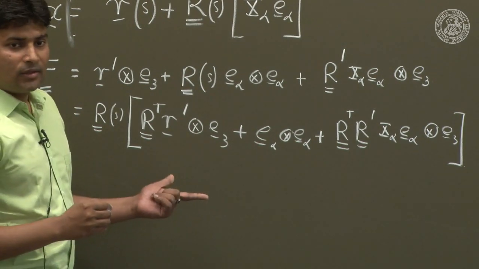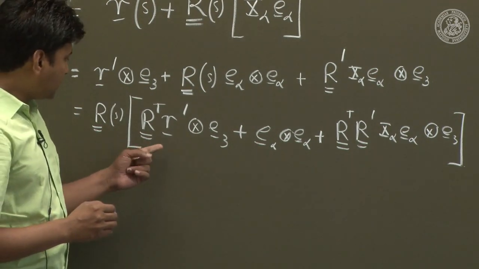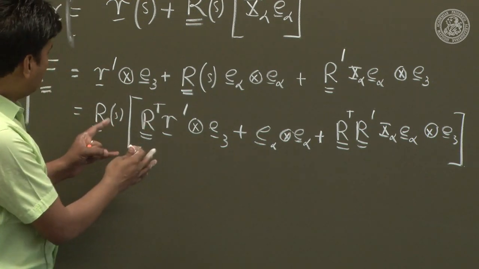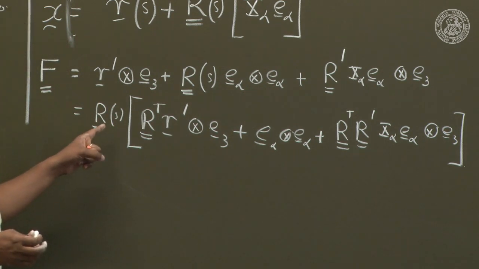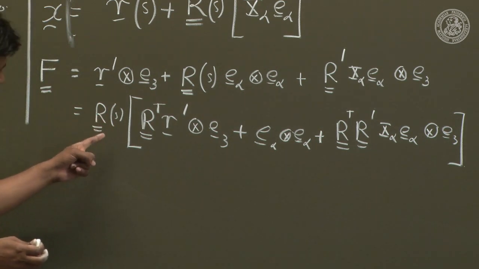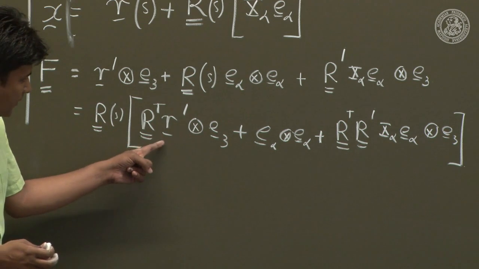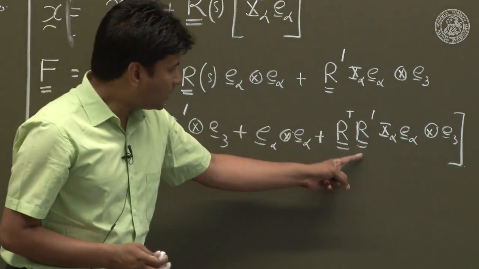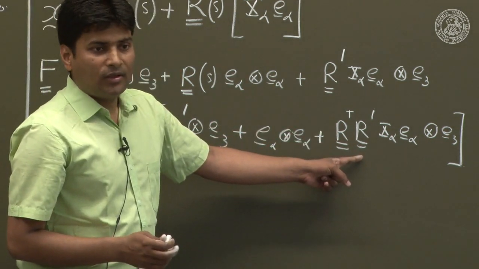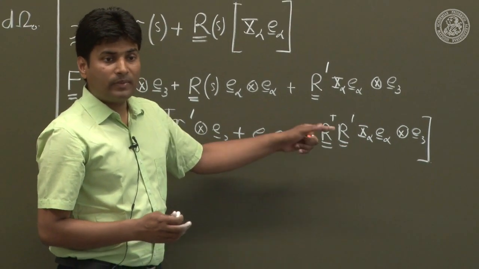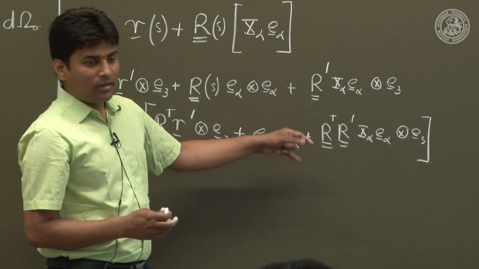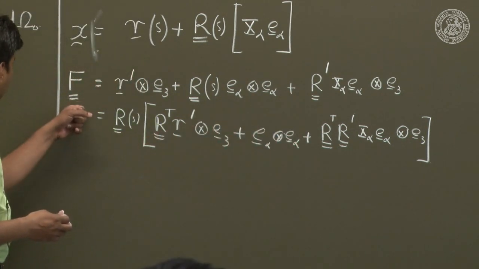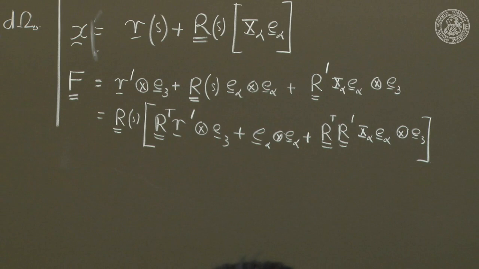Right? So this deformation gradient is completely in terms of the kinematic variable and its derivative. Big R is there, little r prime is there, big R prime is there. So this is completely in terms of your kinematic variables, small r and big R. Why don't we put this deformation gradient here and get your P?